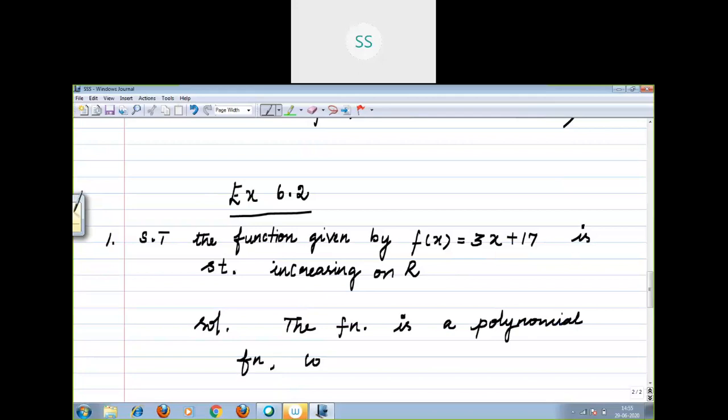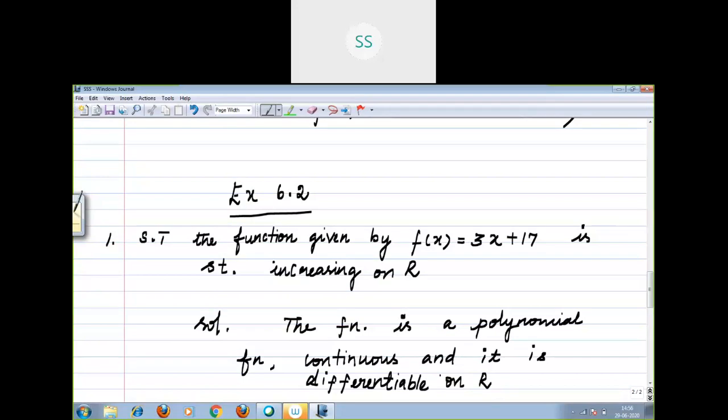It is continuous, in the sense that when you assign values of x, you get the curve continuously, and it is differentiable or derivable. All three things are there. Differentiable on the interval given as capital R, that is real numbers.